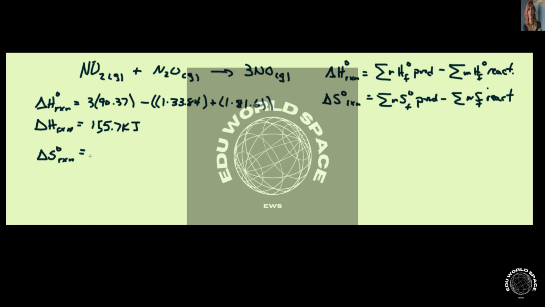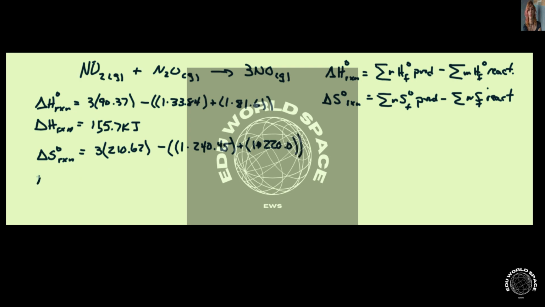And when we do the delta S, we get those values, and we've got 3 moles of NO, each with an entropy of 110.62. That's our only product. Then we subtract the reactants. We have 1 mole of NO2 at 240.45, and 1 mole of N2O at 220.0.